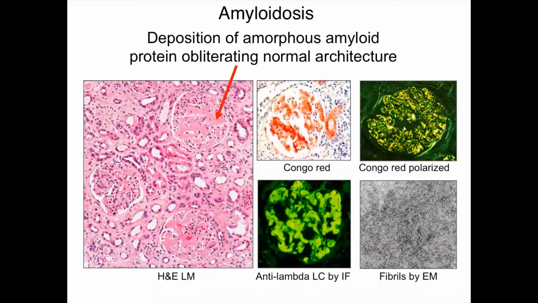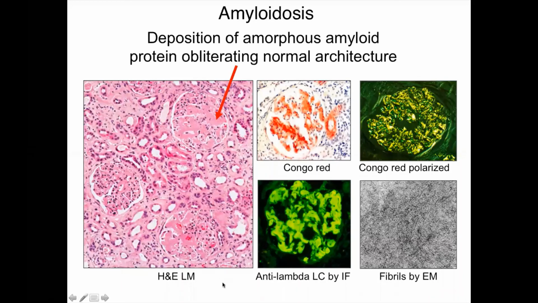If we are dealing with AA amyloidosis, we don't have restriction of either lambda or kappa, but on immunohistochemistry it will be positive for Congo red, and on immunohistochemistry for AA it will be positive. The fibrils show up the same way. It's amyloidosis, but it's not related to light chains. It's not related to plasma cell dyscrasia.